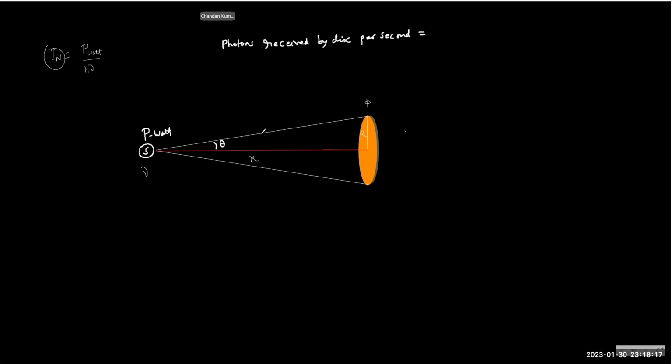If this is theta, then out of the total 4 pi, 2 pi (1 minus cos theta) will reach. Yes, sir.